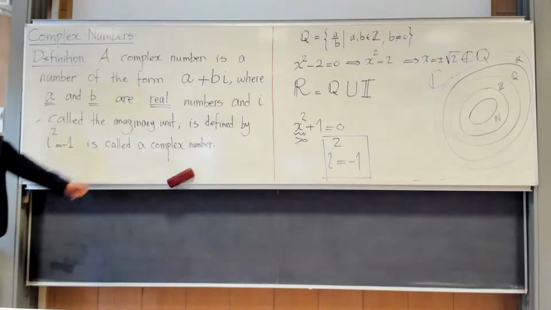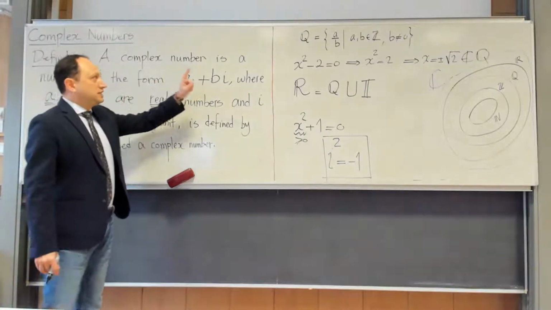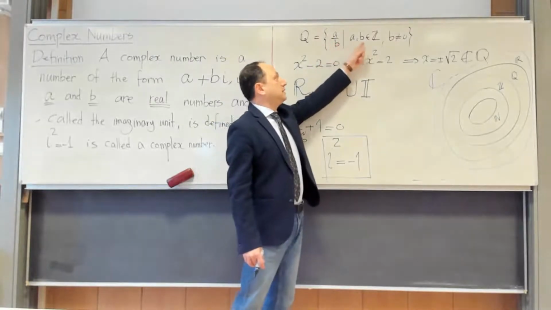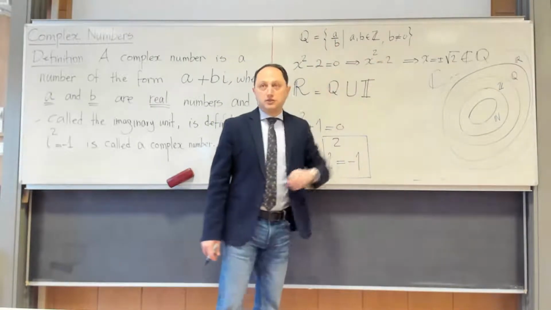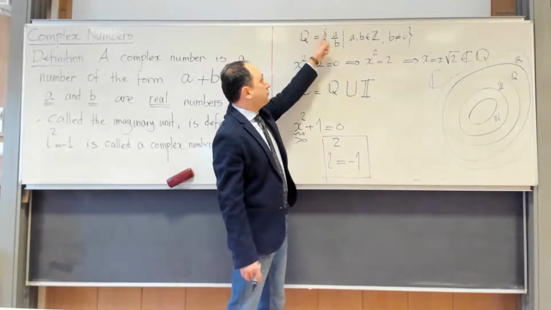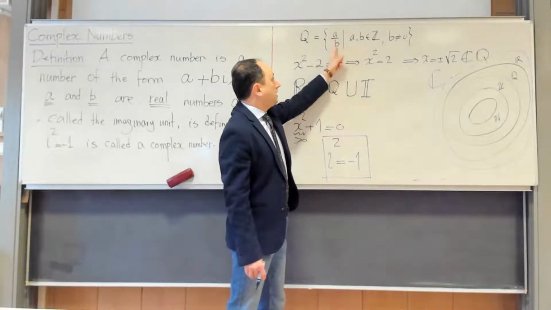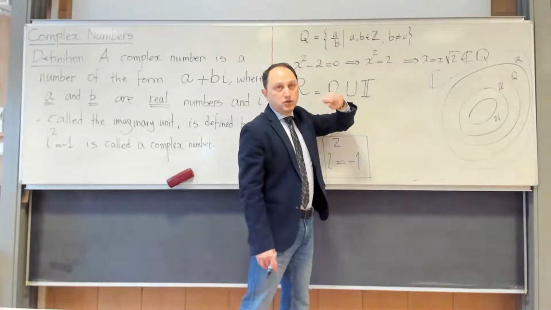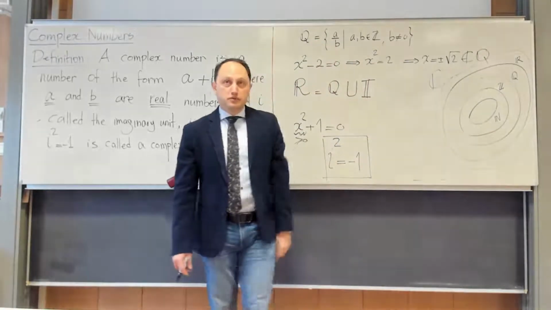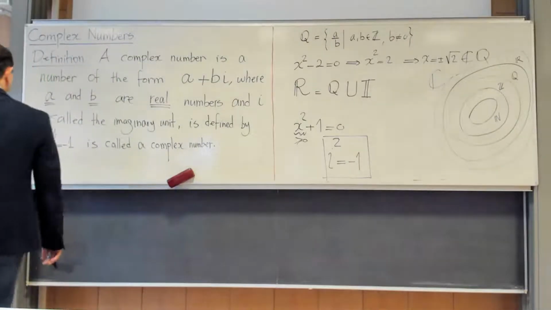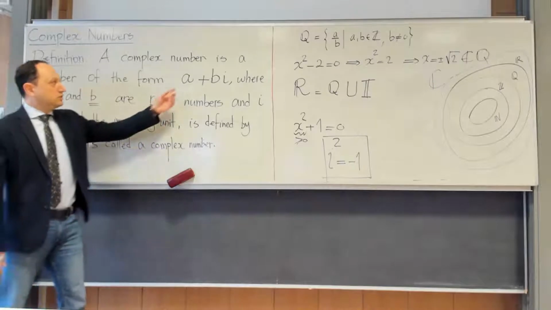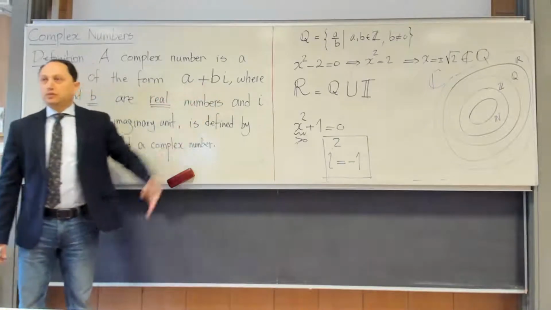So you see, when I wanted to talk about rational numbers, I was not independent from understanding the set of integers, because I told you that a rational number is a fraction whose numerator and denominator are integers. So the set of integers helped me to define the set of rational numbers. More or less the same analogy is here: the set of real numbers is helping me to define a complex number.